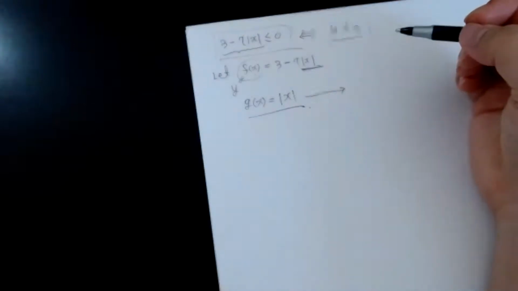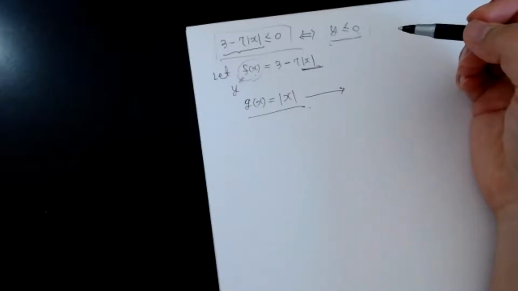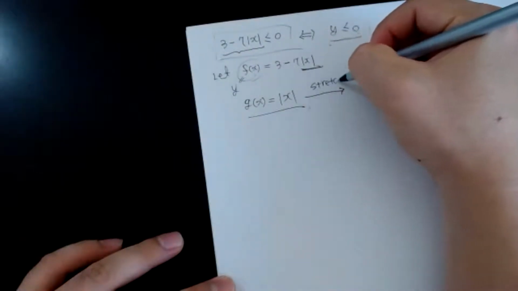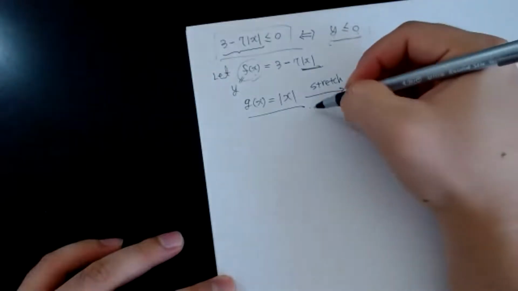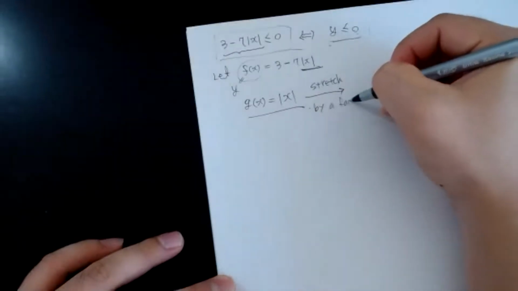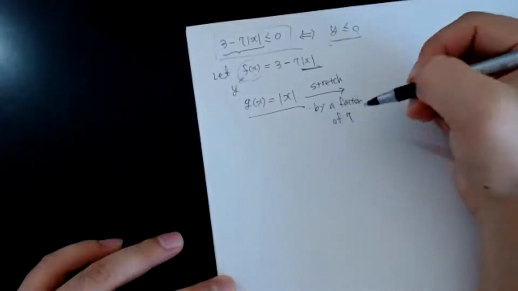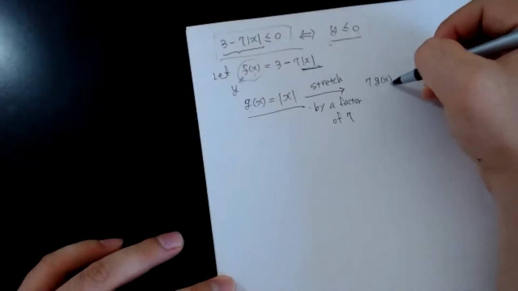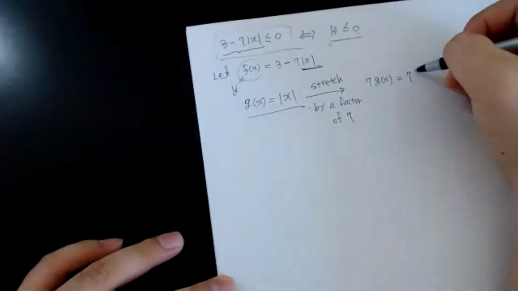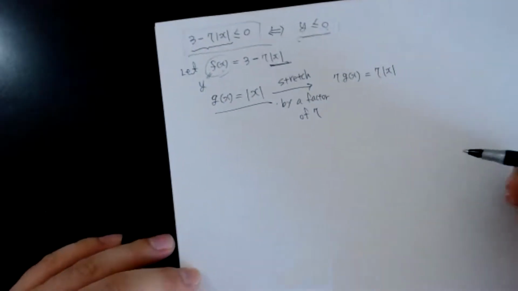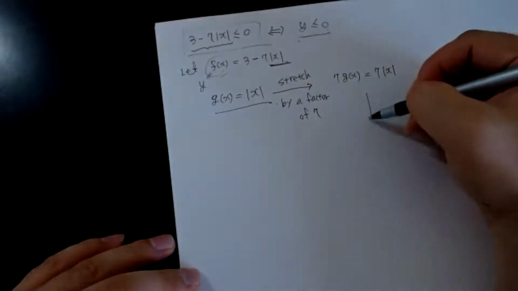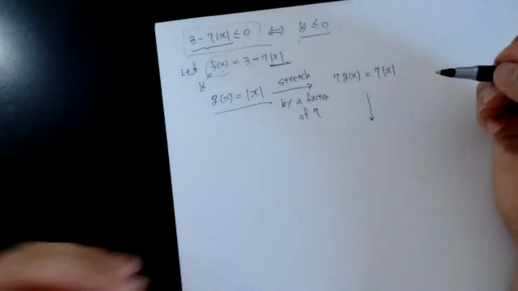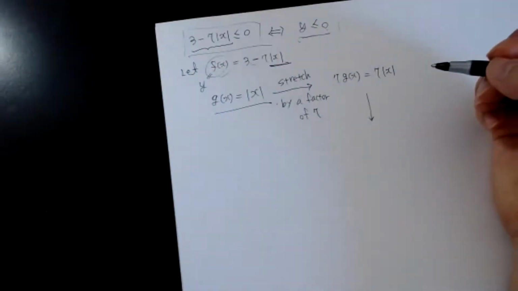See that negative 7 right there. That's actually stretching and reflection, right? First we apply stretching by a factor of 7. Then we get 7 times g of x, which is 7 times the absolute value of x. Then we negate it to get negative 7. That's the reflection about the x-axis.